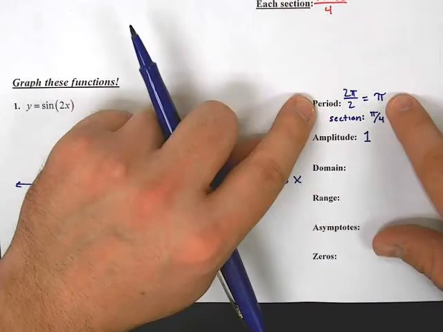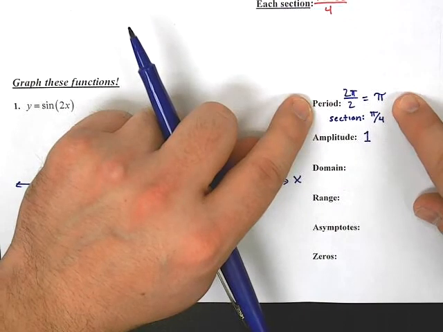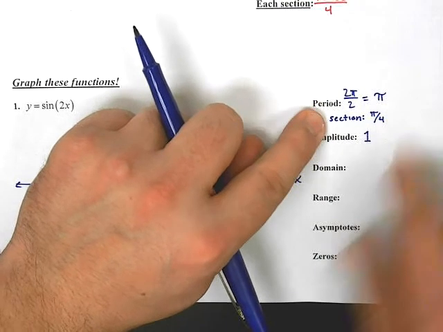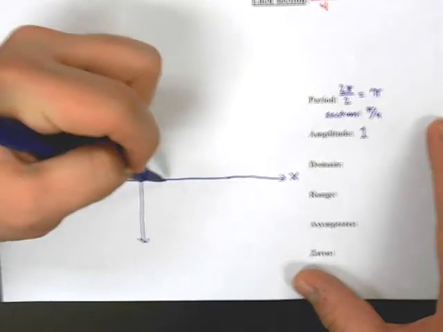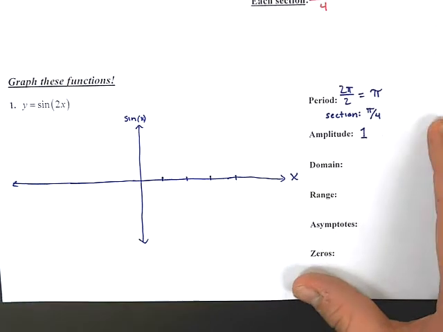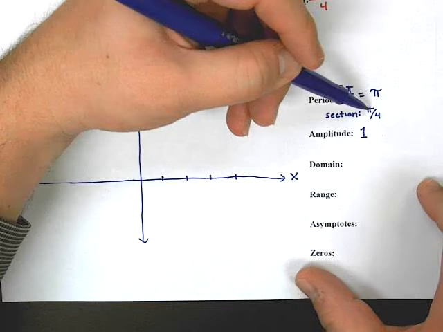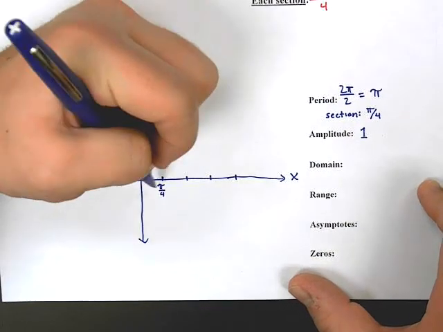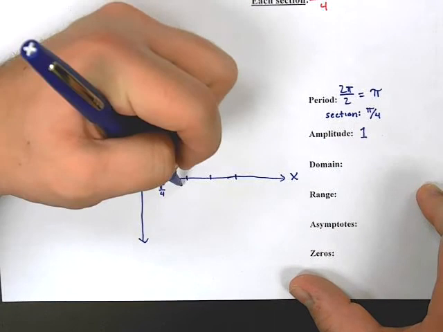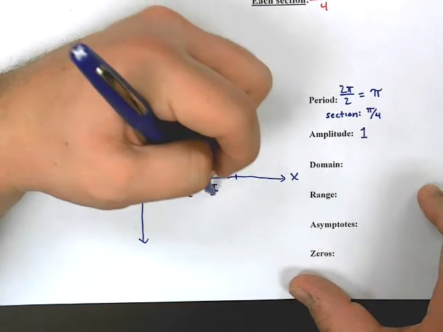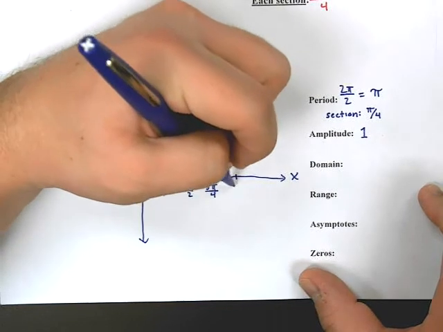We know that the period is pi, so we know that 1 full cycle is going to take pi. Even easier is that our section is pi over 4. So I'm going to break into 4 sections, and I know exactly how to label them because each one has to be pi over 4. So if this is pi over 4, then this is 2 pi over 4, or pi over 2, 3 pi over 4, and lastly, pi.